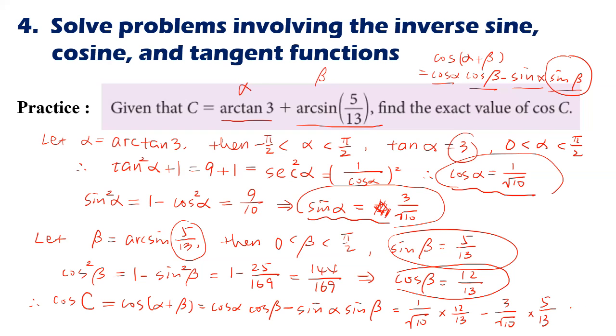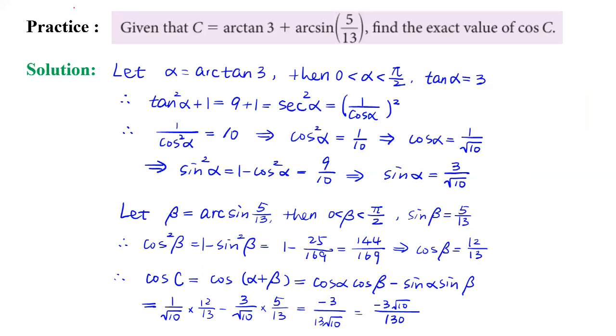And we can calculate this. This is actually minus 3 times square root of 10 over 130. This is our final solution. And you can also check the complete solution in the lecture slides. Okay, I'll give you 1 minute to review this solution, and then we'll go to the next question.